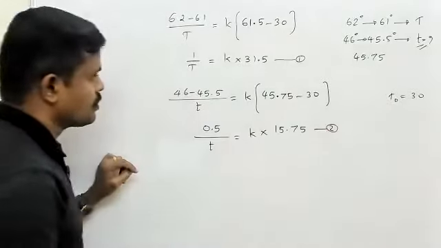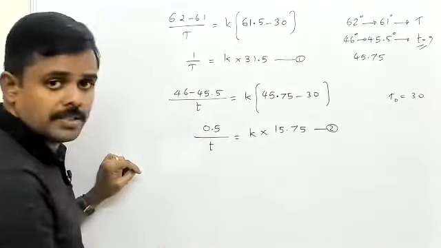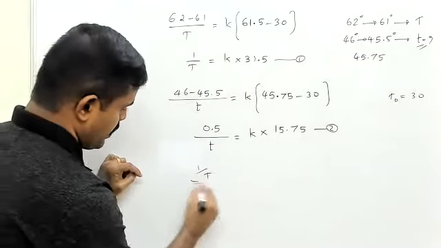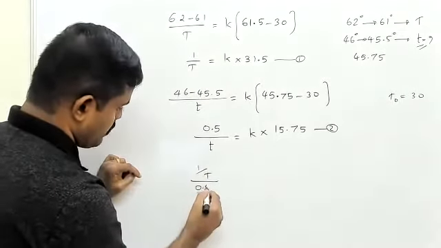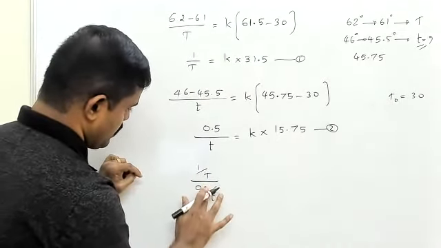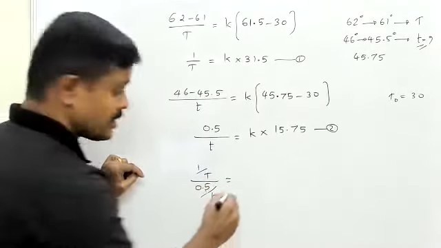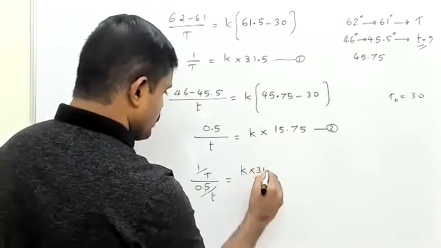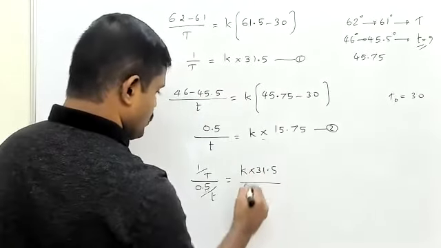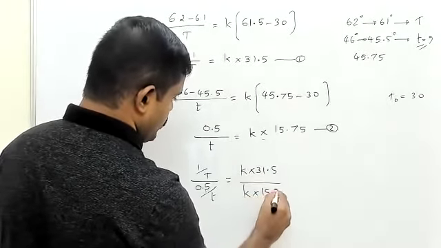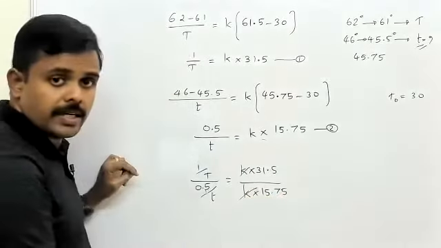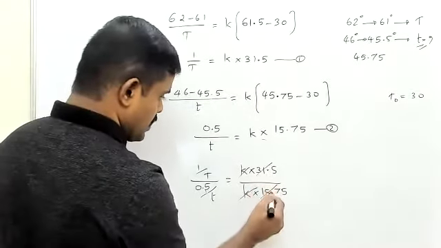Now let us divide these. On the left side, 1 by T divided by 0.5 by t. On the right side, K into 31.5 divided by K into 15.75. K and K are cut, and this is 2.